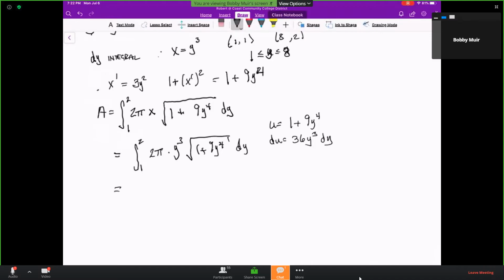Okay, so I'm going to have 2 pi over 36 integral when y is 1, u is 10. When y is 2, 16 times 9 is 144, 145.